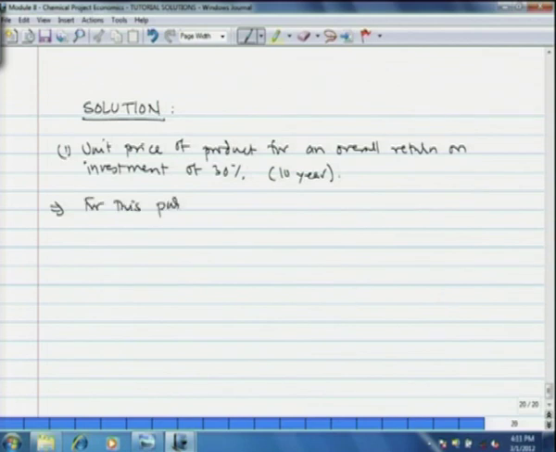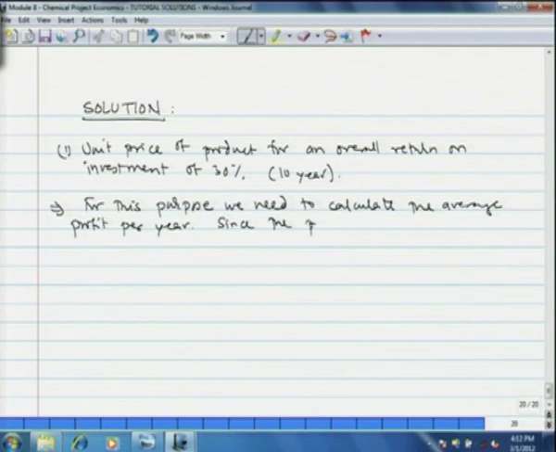For this purpose, we need to calculate the average profit per year, since the production varies, the profit also varies in time.